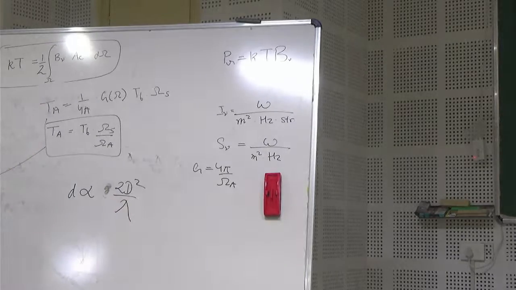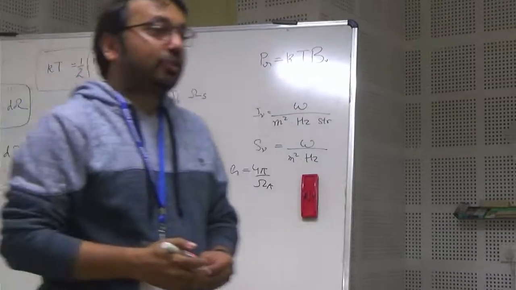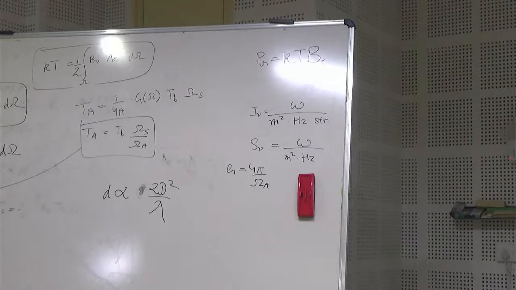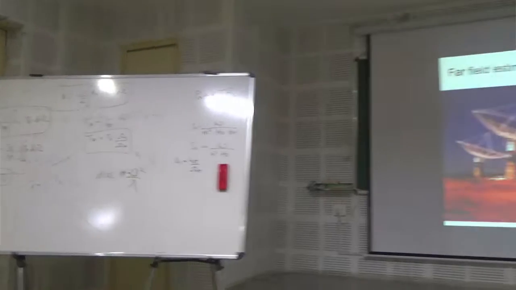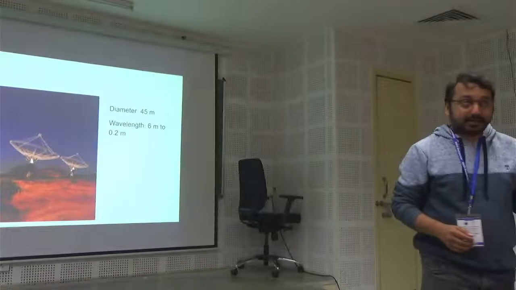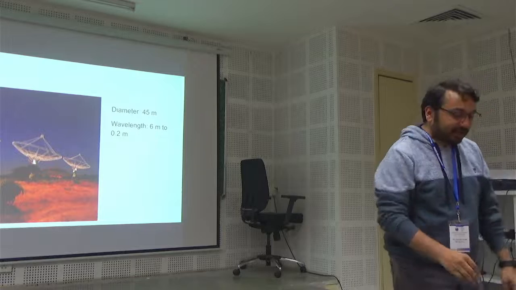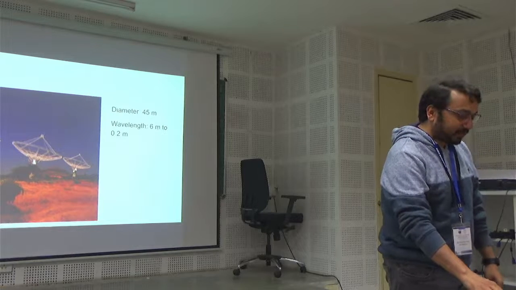D is the diameter of the dish, and lambda is the wavelength at which you're operating. So try doing that for GMRT. I have given the diameter. You can choose a wavelength of your choice, and tell me how far you have to be in order to do these measurements. You'll appreciate the numbers.